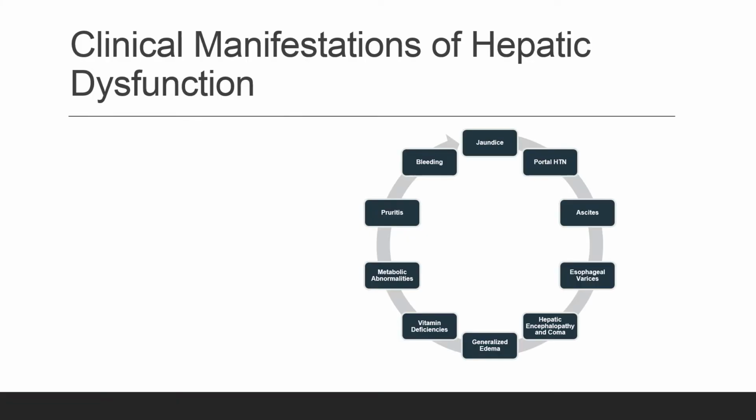So what are some of the clinical manifestations of liver dysfunction or hepatic dysfunction? So you might see jaundice. You might see portal vein hypertension. You might see ascites, esophageal varices, hepatic encephalopathy, and coma.